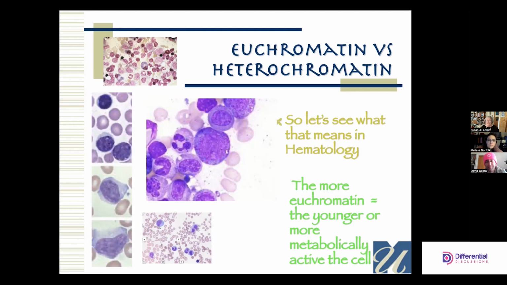It doesn't have any support. So it's easy to push around. And yeah, you have nucleoli that are easier to see because all this stuff is just very soft and loose. So lots of euchromatin, young cell. Throw some primary granules on it and you get a pro. Then you can go to a myelocyte.